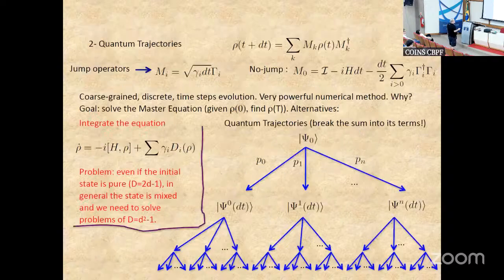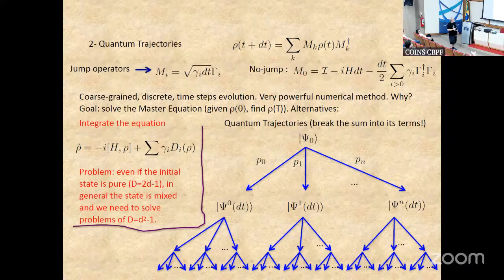Okay, so then we go to quantum jumps and quantum trajectories, in the sense that I want to approach here in my talk. So again, I have this time evolution, and I will call these operators my jump operators, and this operator will be my no jump operator.